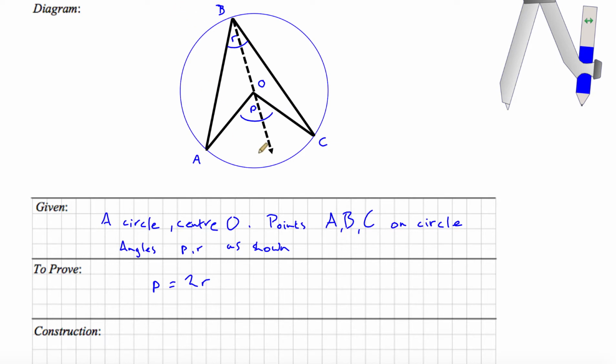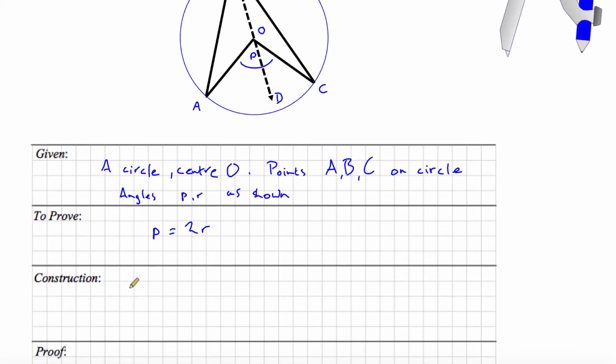Okay, and then you're going to label this point at the end D. Okay, so our construction then was join B to the center O and extend to D.